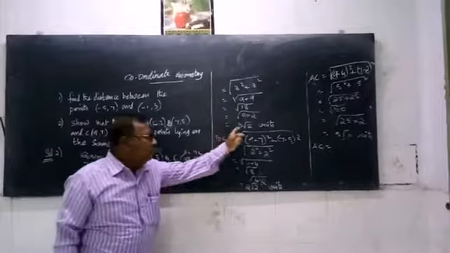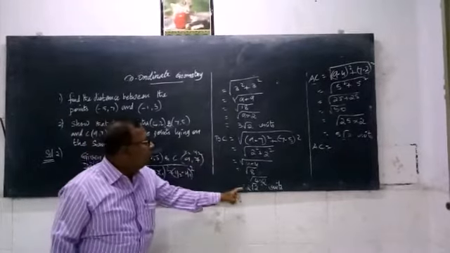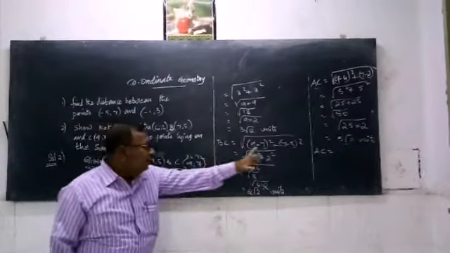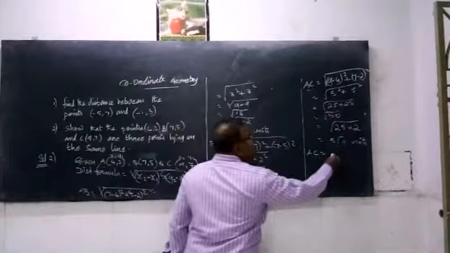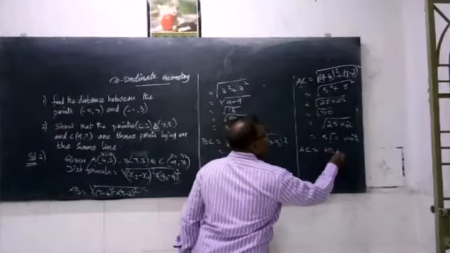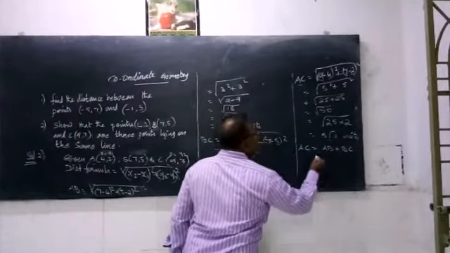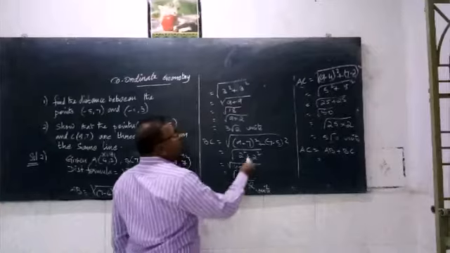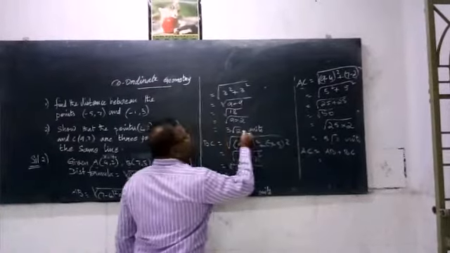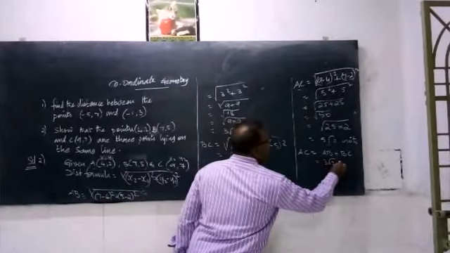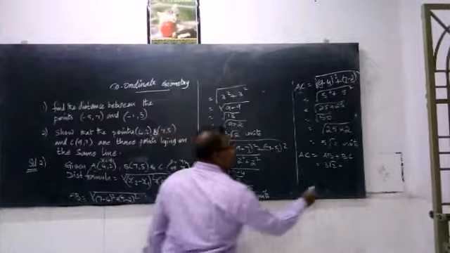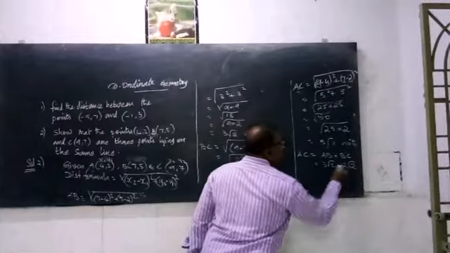AB is 3 root 2. What is BC? 2 root 2. So AC can be written as AB plus BC. If you want, you can recalculate here. AB is 3 root 2 units, and BC is 2 root 2 units.